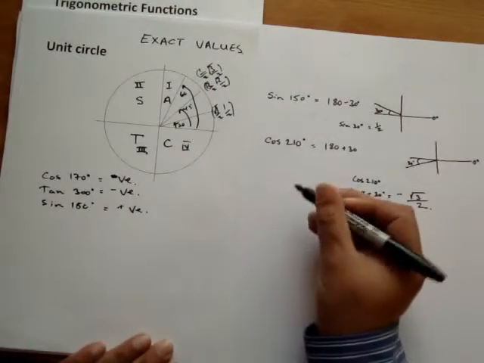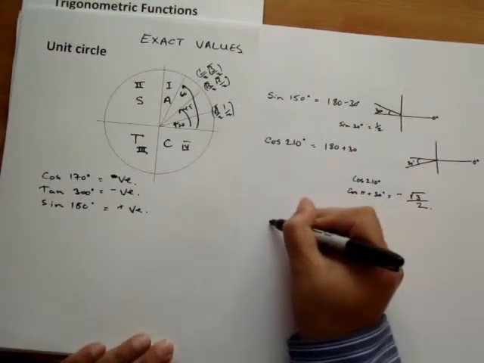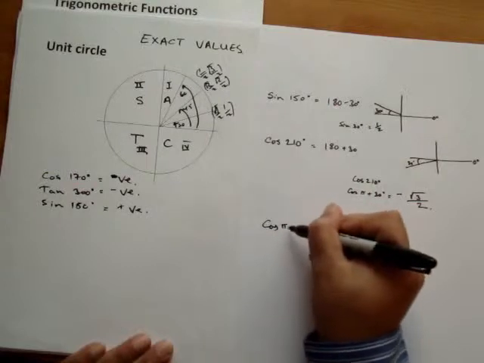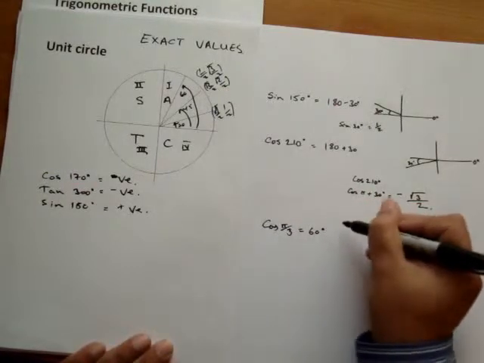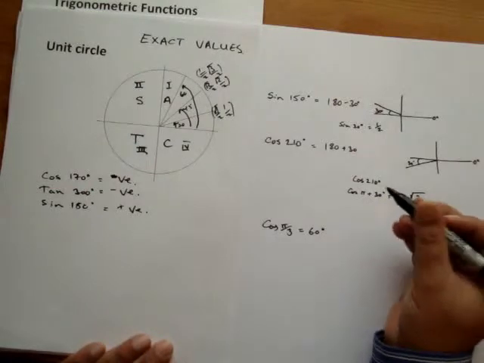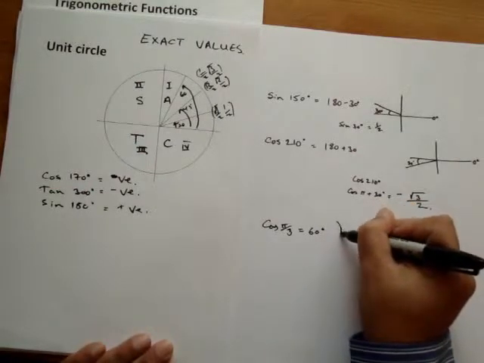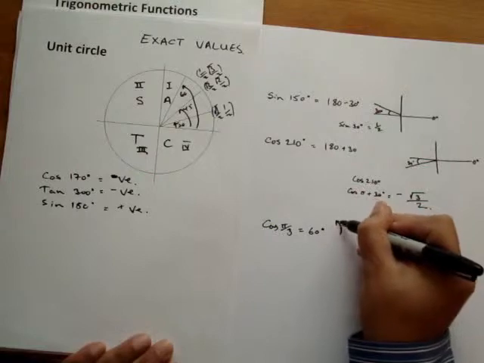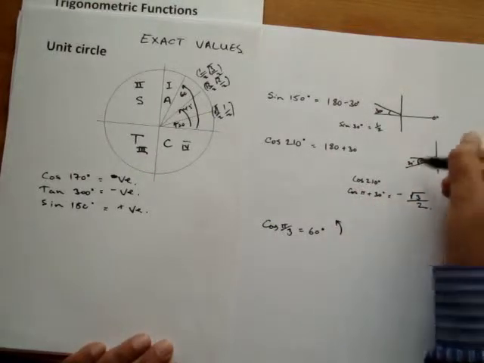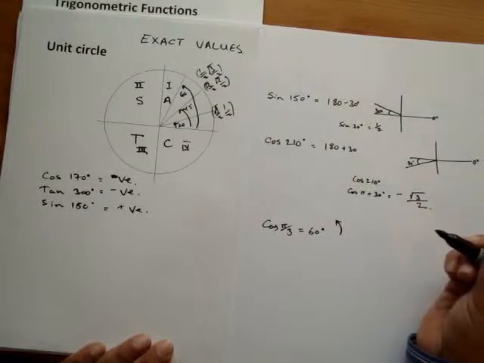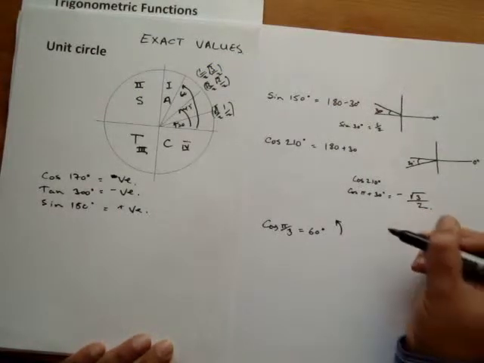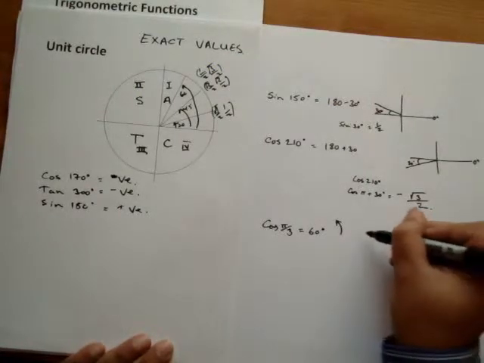In evaluating trig functions, if we have cos pi over 3, which equals 60 degrees, we go clockwise around our quadrant diagram, and the cos of 60 degrees is a half.